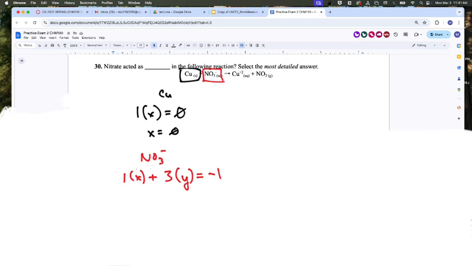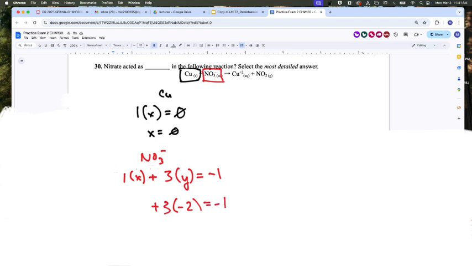Oxygen is more electronegative than nitrogen, which means it's going to steal electrons from nitrogen. How many electrons would oxygen steal? 2. Why? Based off of its location in the periodic table. So oxygen is going to dictate the oxidation state on the nitrogen because the oxygen is more electronegative. So its oxidation state is a -2.